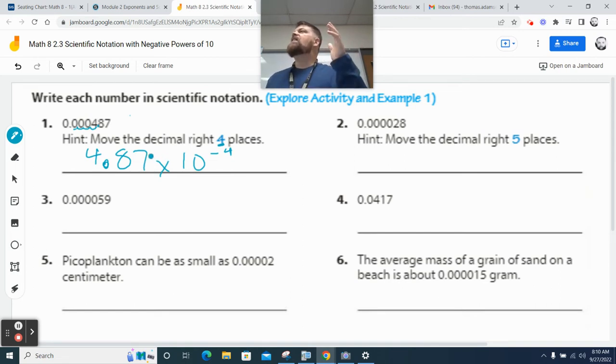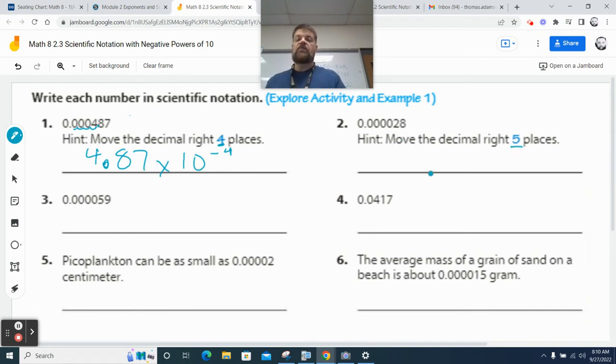If it is a decimal, you'll have a negative power of 10. If it is not a decimal, then it'll have a positive power of 10, or 0 sometimes, depending on the number.